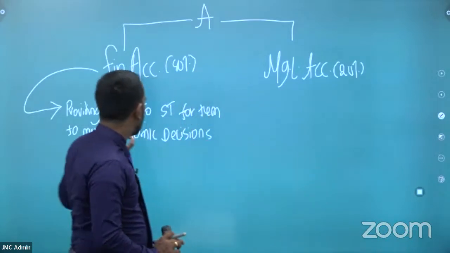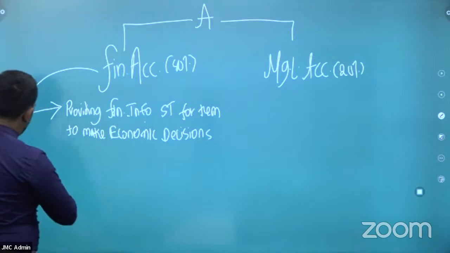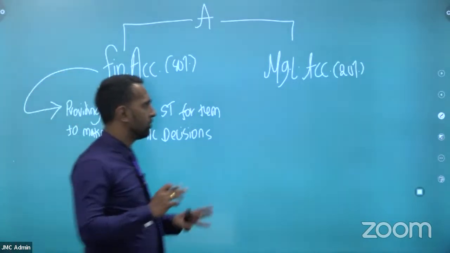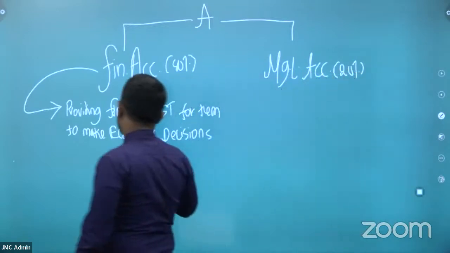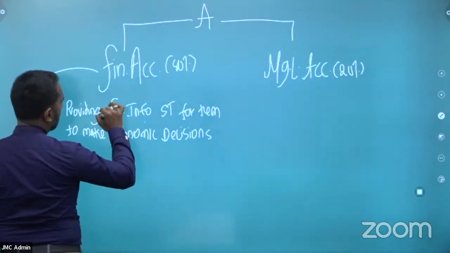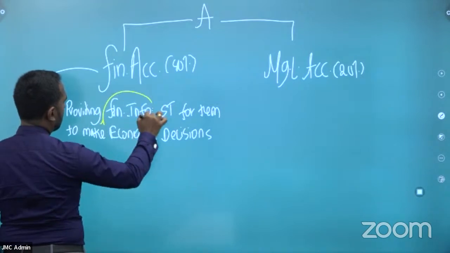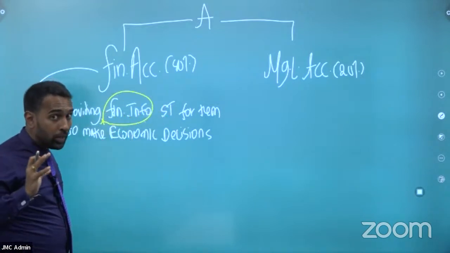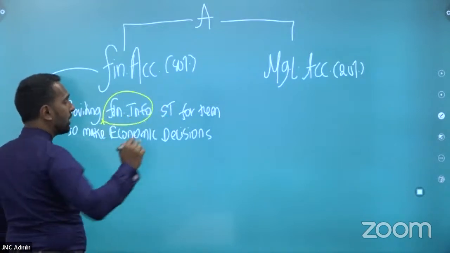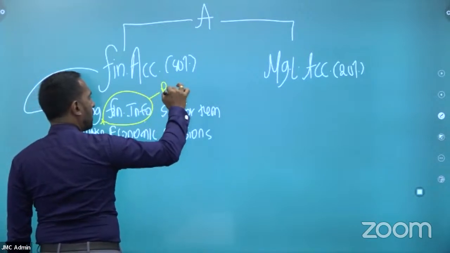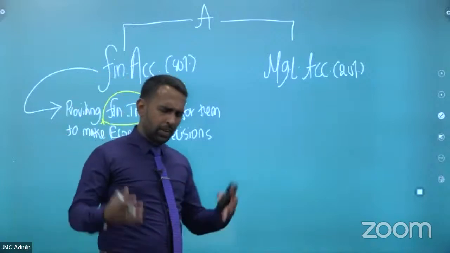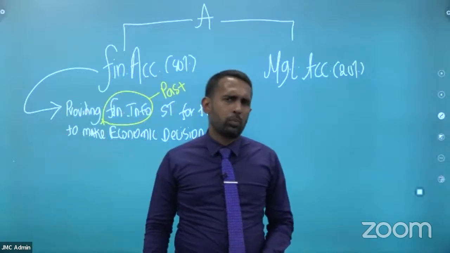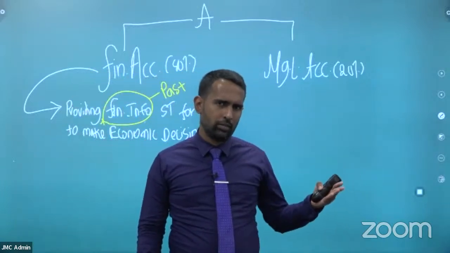So financial accounting, right? Now I'll put the words which are going to change. Here, this financial information: financial information which is relevant to a business entity, these are past information. In financial accounting, what you provide is the past information, right?